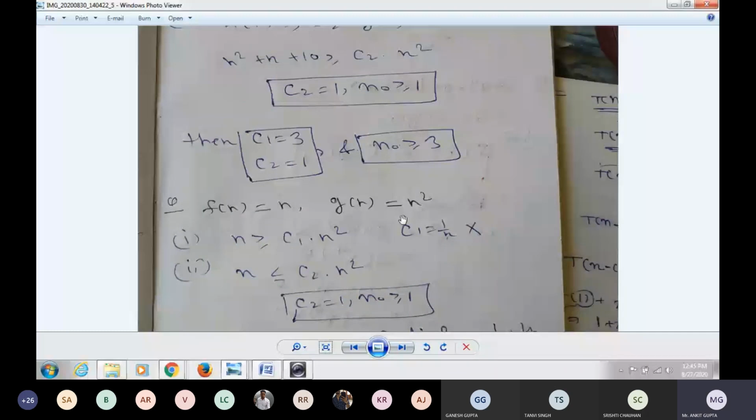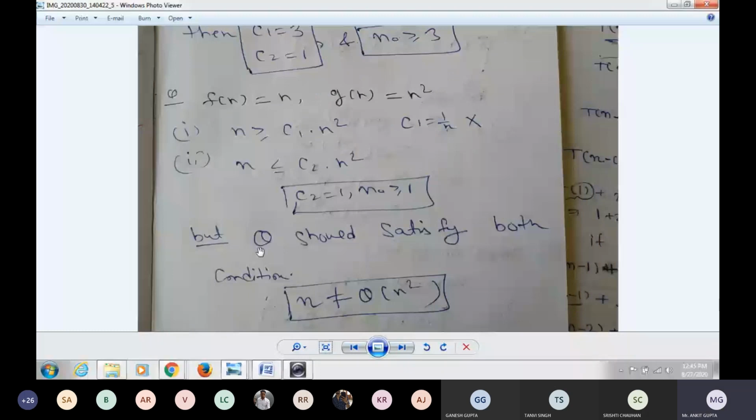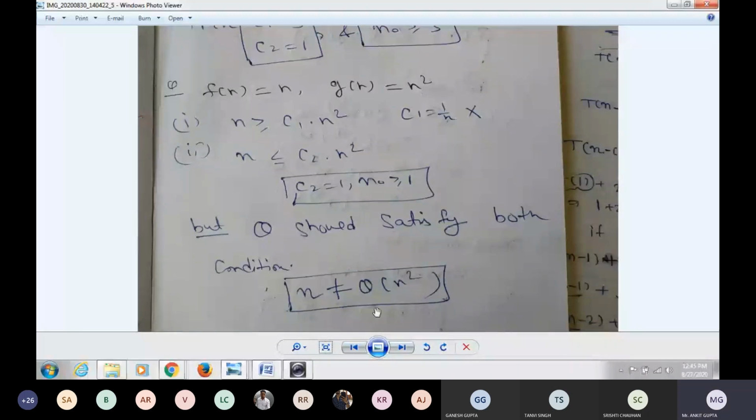After all, theta should be satisfied for both conditions, big O and big omega. So n is not equal to theta of n square. Did you get this? Yes, sir.